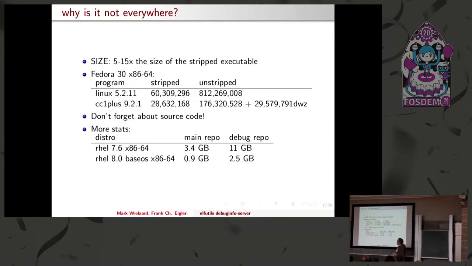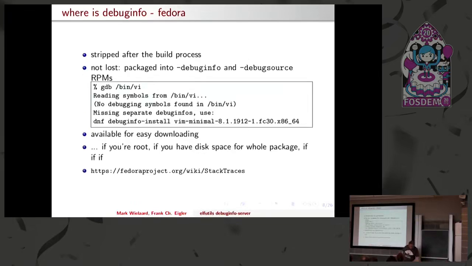It's 15 times the size of the stripped executable. So yeah, especially if you would like to have it for a complete distro, it's really big. So no wonder that people try to move it away, and it might be hard to get at.